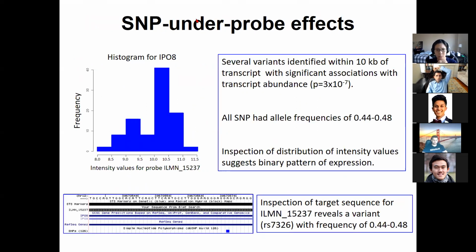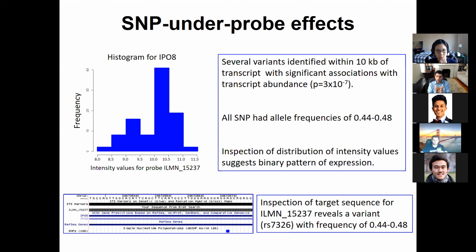So to get a little bit more into the SNP under probe effect, you basically can have SNPs that directly impact the hybridization between your measurement and the values that you're inferring. So if the SNP is actually directly perturbing the measurement, you can't really call it an eQTL.